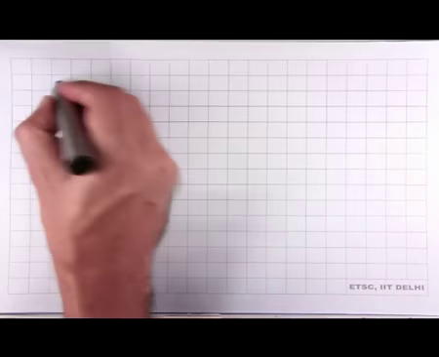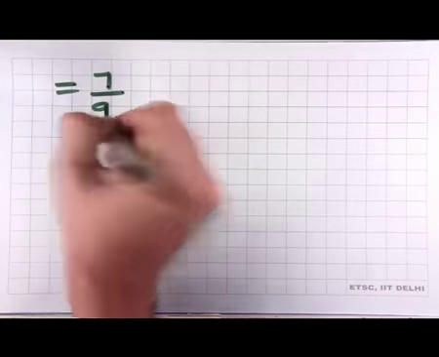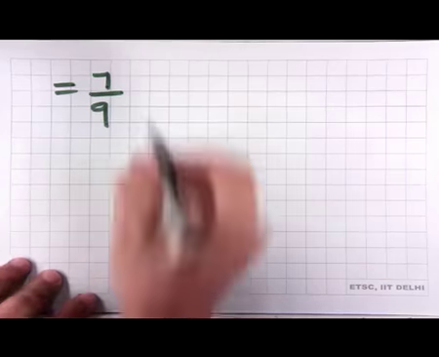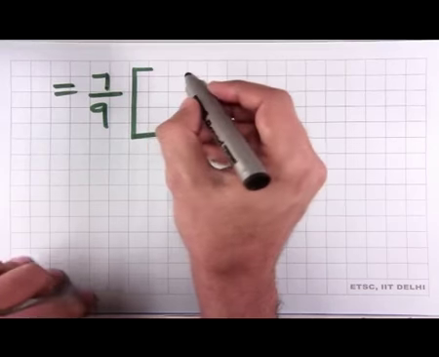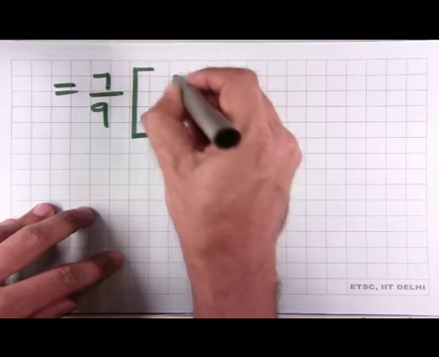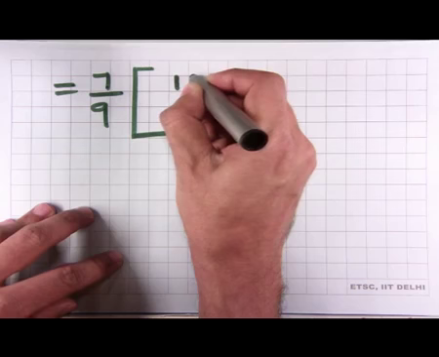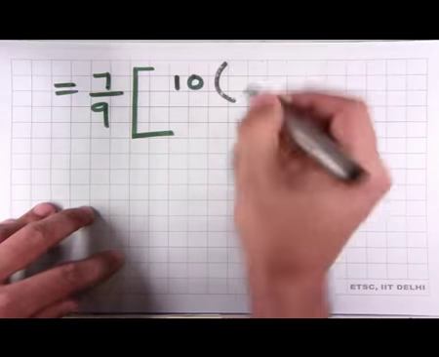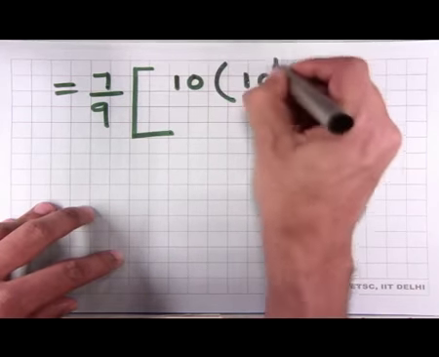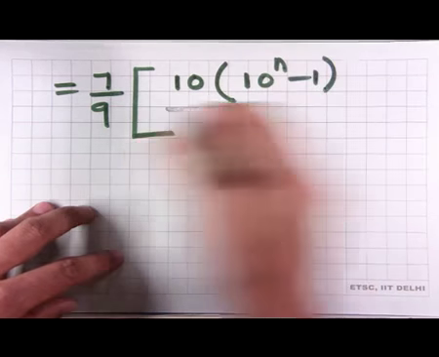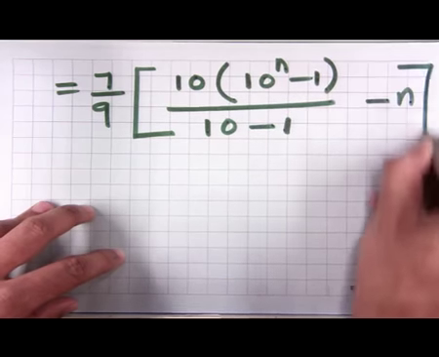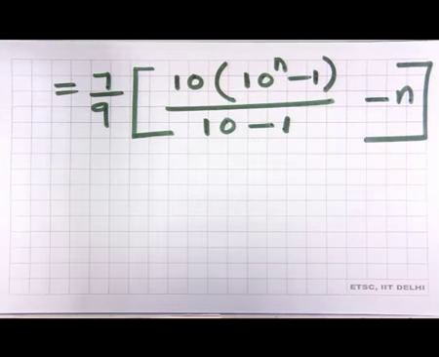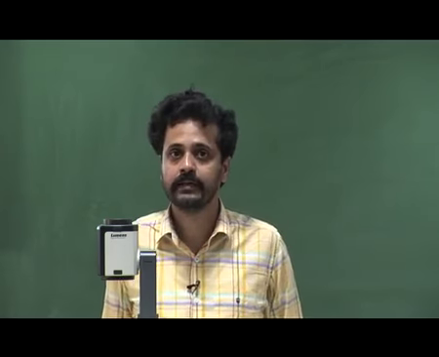Therefore, the sum of the first n terms is 7 by 9 into, as far as that GP is concerned, it is 10 times r power n minus 1 by r minus 1, where r is 10 here, and then the second term minus n. This is the required formula for the sum.